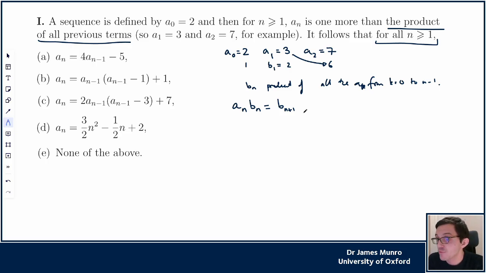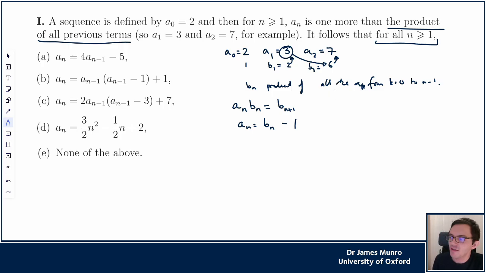Okay, and we've also been given a rule from the actual question text to say that An is supposed to be one less than the Bn. So An is Bn minus 1. Oh, make that really clear, that's Bn take away 1.